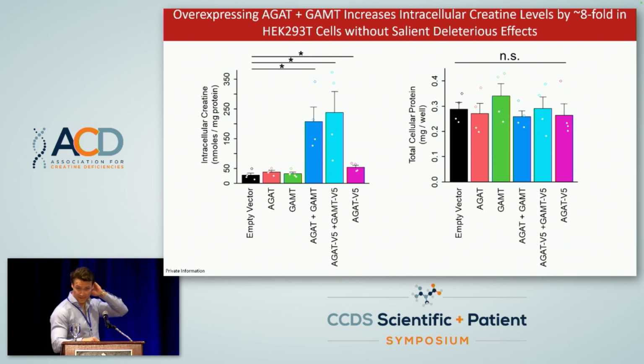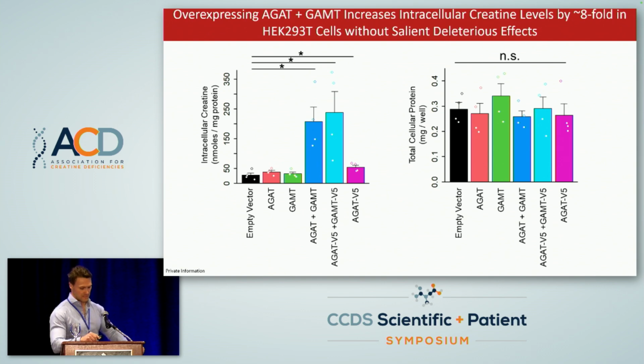Then we measured how much creatine is inside of these cells. We found that you do get a boost of about twofold when you overexpress AGAT by itself, probably because there's a little bit of GAMT expression inside of HEK cells alone. But when you co-express both AGAT and GAMT, you can dramatically increase the amount of creatine inside the cells by about 8-fold, so an 800% increase in intracellular creatine.